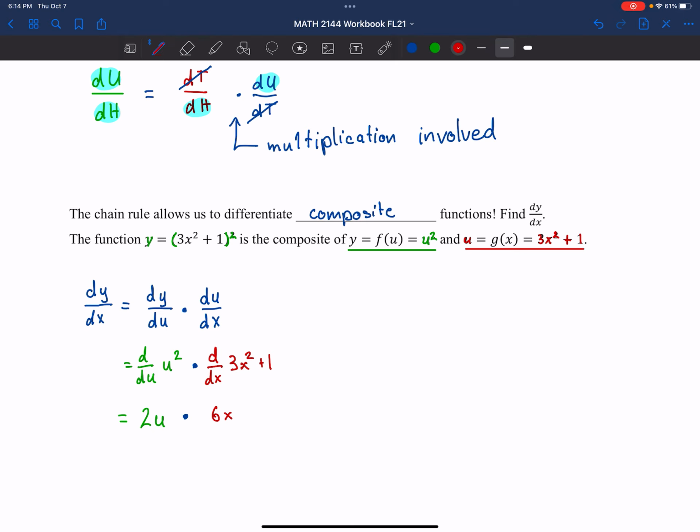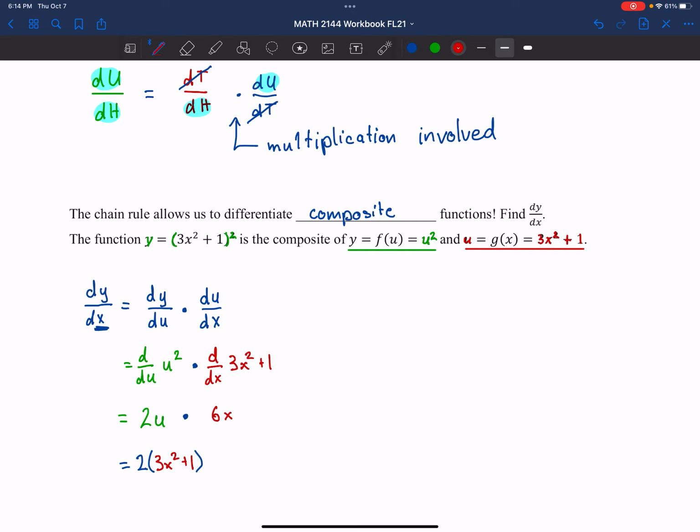6x. And then the thing to remember is we want our original derivative to be in terms of x. So to do that, we want to go ahead and fix this substitution. So we have 2, but remember u was just a placeholder for our inner function, which was that 3x squared plus 1.